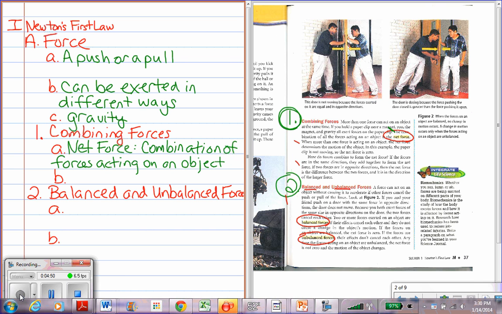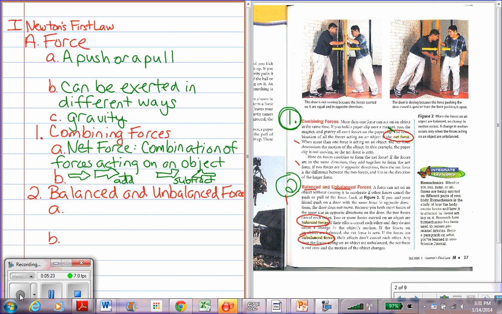If the arrows are going the same direction, we're going to add them. If the forces are going opposite directions, I can't draw arrows, you're going to subtract. And you've seen these, okay?